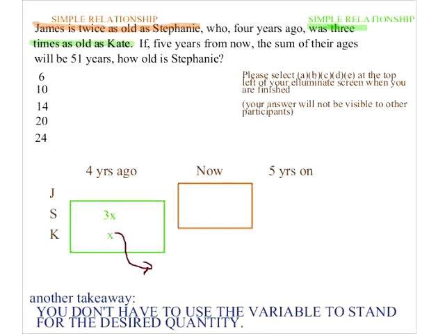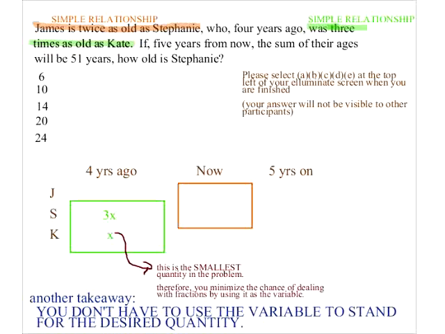So all you're doing is just multiplying. This is the smallest quantity in the problem. So therefore, you minimize the chances of dealing with fractions by using it as the variable.